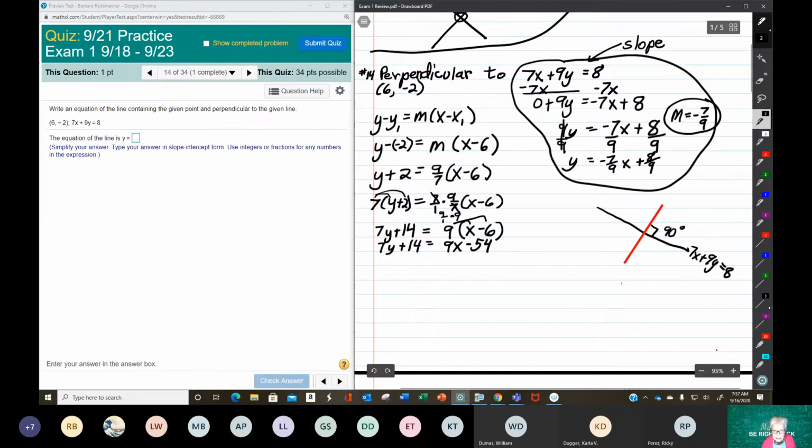Okay, now we're going to continue. Let me continue this and finish it up. I need to solve for y, so I'm going to get 14 out of the way first by subtracting 14 from both sides. 14 minus 14 is 0.